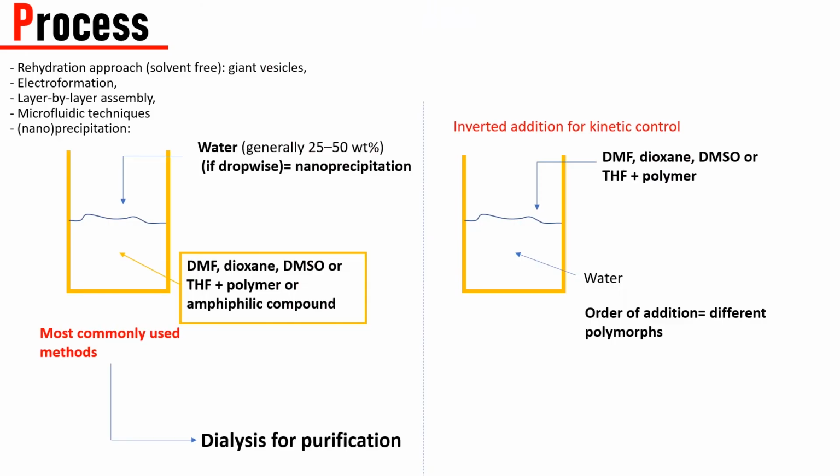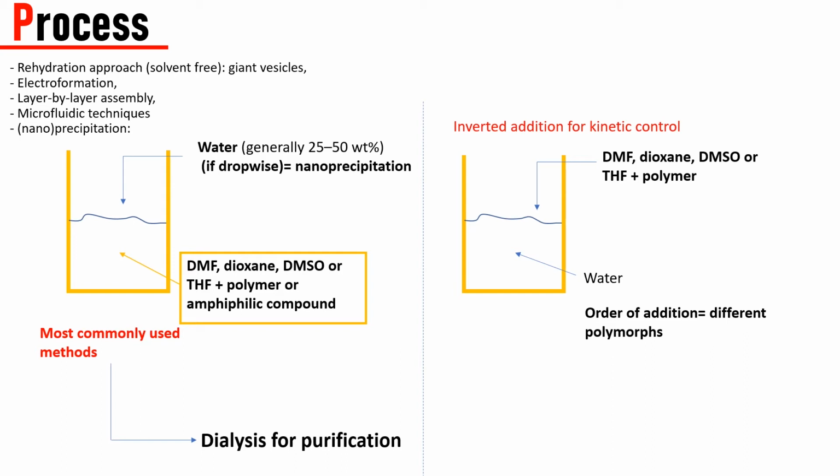Regarding the process, he described different processes for the preparation of the self-assembly aggregates: the hydration approach for the preparation of giant vesicles, the electroformation, the layer by layer assembly, microfluidic techniques, and the nanoprecipitation process, which is one of the most important.